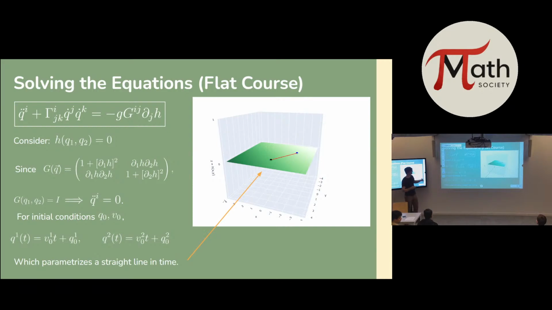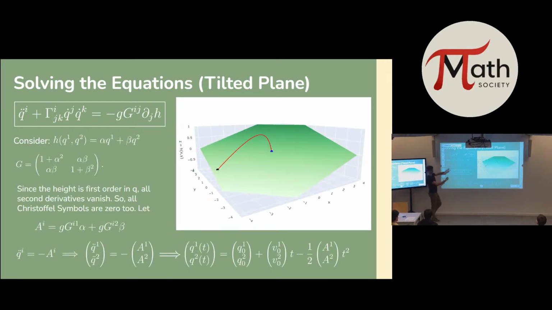Let's step it up a little. Now let's look at some tilted plane. And now I'm stretching the limits of where this can work analytically, but we can still do something analytic with it, which is very powerful. Now we model the height field as some tilted plane, with some value on how much it increases along Q1 and how much it increases along Q2.